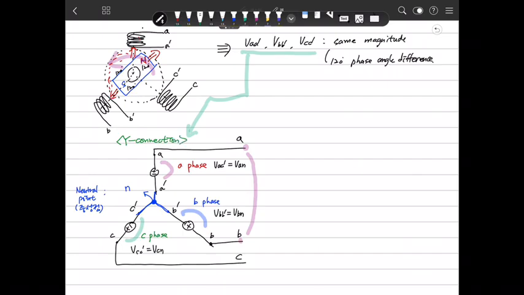In a similar way, we connect this source. So in this manner, we define plus minus. This is A and A prime, and we have a similar source in this manner. It's B prime.